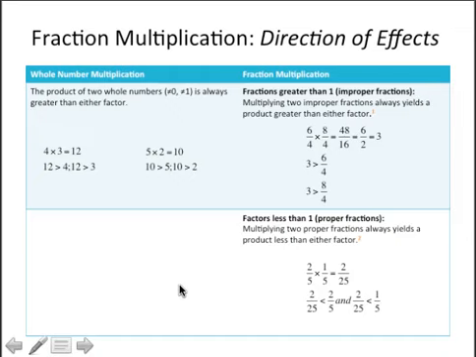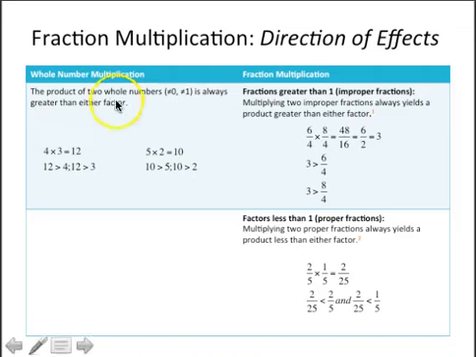Okay, the direction of effects for fraction multiplication, or for any arithmetic operation, is our expectation of the relative magnitude of our solution in relation to the terms in the problem.